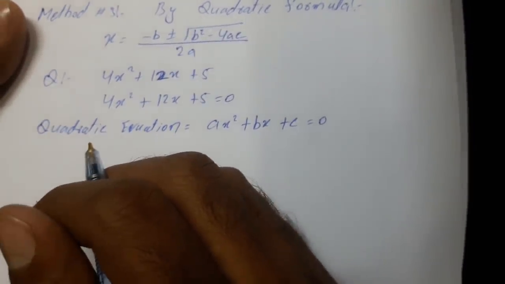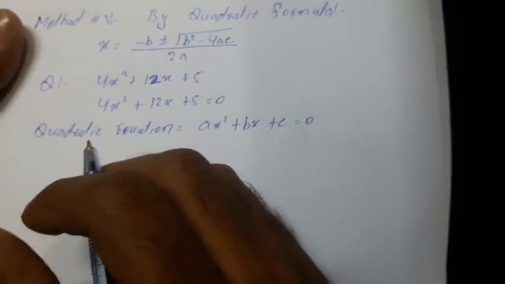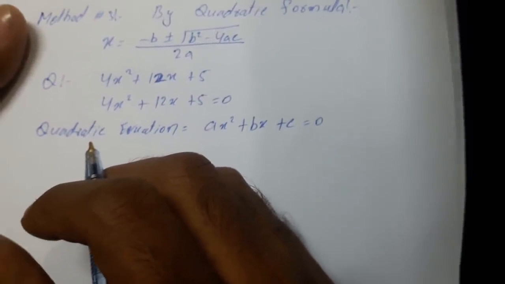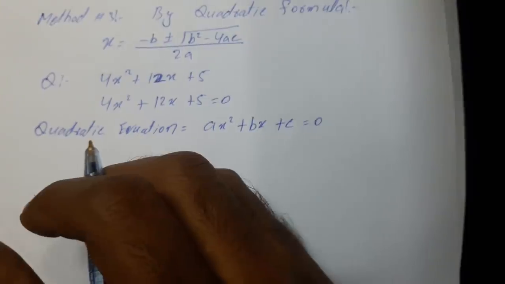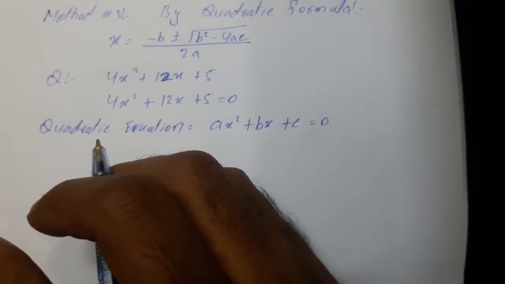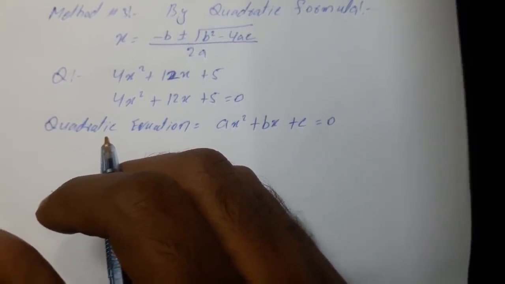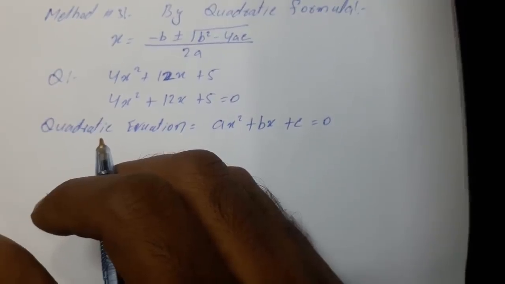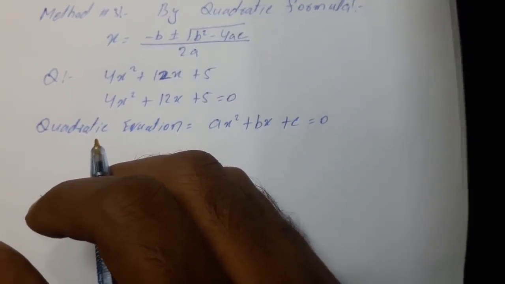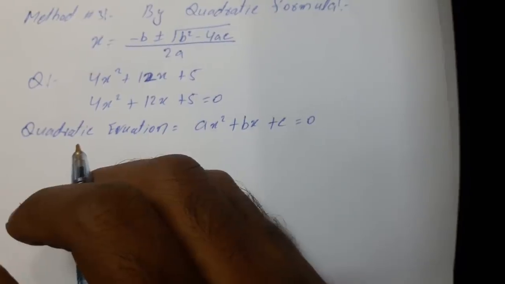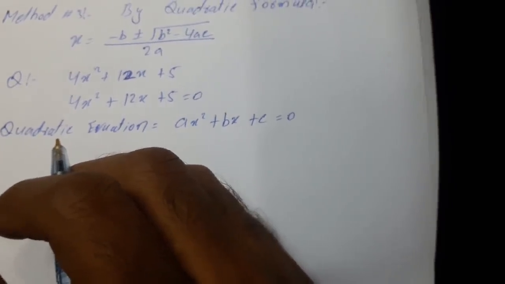You should know this formula. You will have the choice in your exams. You solve this equation by factorizing this equation. If they do not mention which method, then you have the choice.